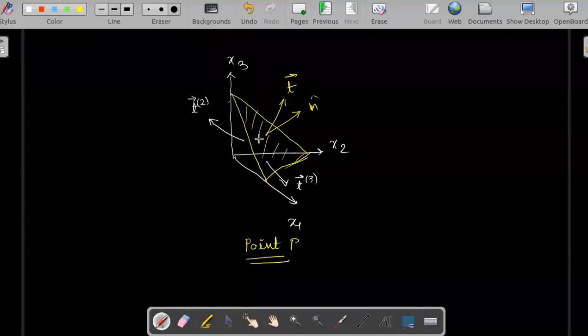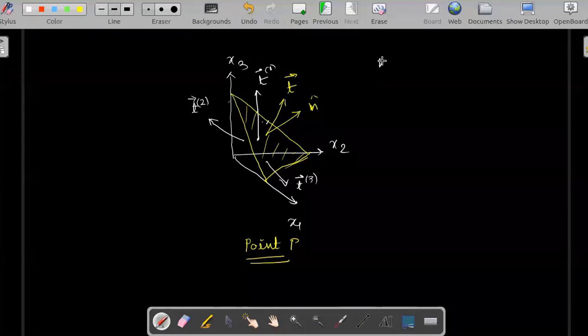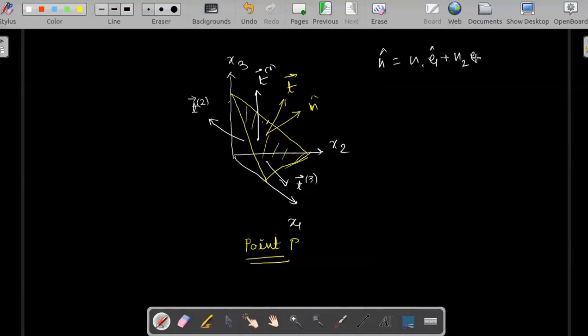The third one, the plane formed by the x2 and x3 axes, is the x1 plane, and let's say this traction vector is t1. The normal n has components n1, n2, n3, so I can write n as n1 e1 plus n2 e2 plus n3 e3.